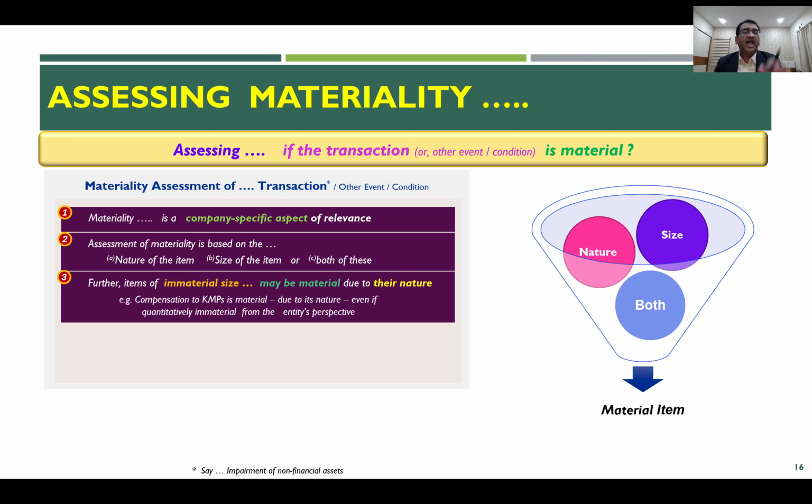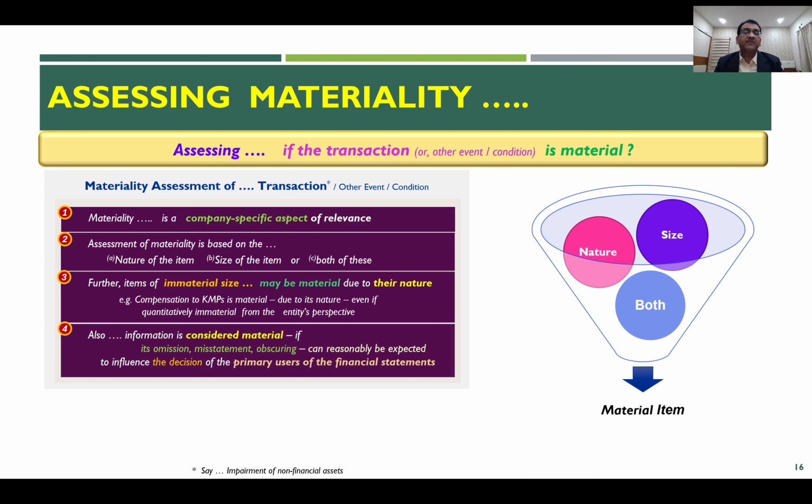So, for example, if you are paying compensation to the KMPs, then due to the nature of the transaction, even if quantitatively the amount you pay to the KMPs in absolute terms may not be material, by the very nature that the amount is being paid to the KMPs, it falls within the materiality definition.